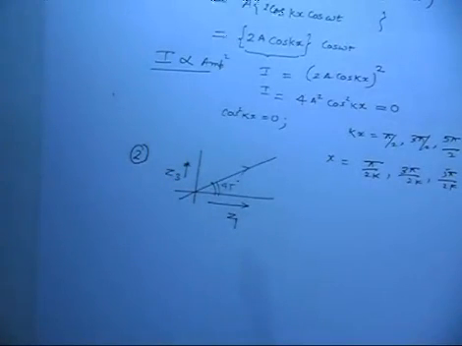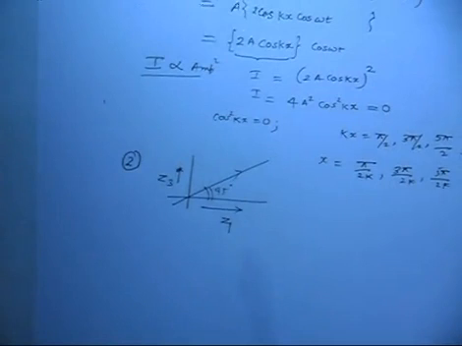Now see, the two waves have equal amplitude, equal velocities, and because k is equal, omega is equal, so they also have equal frequency.